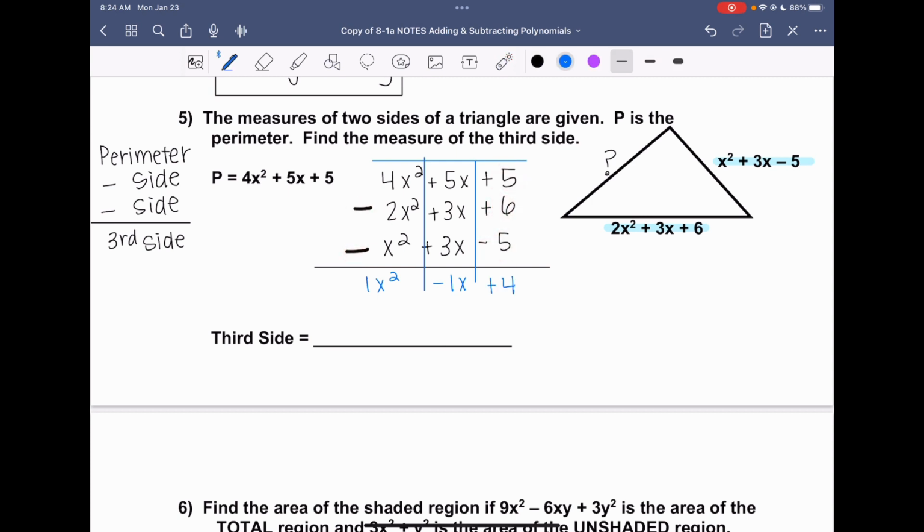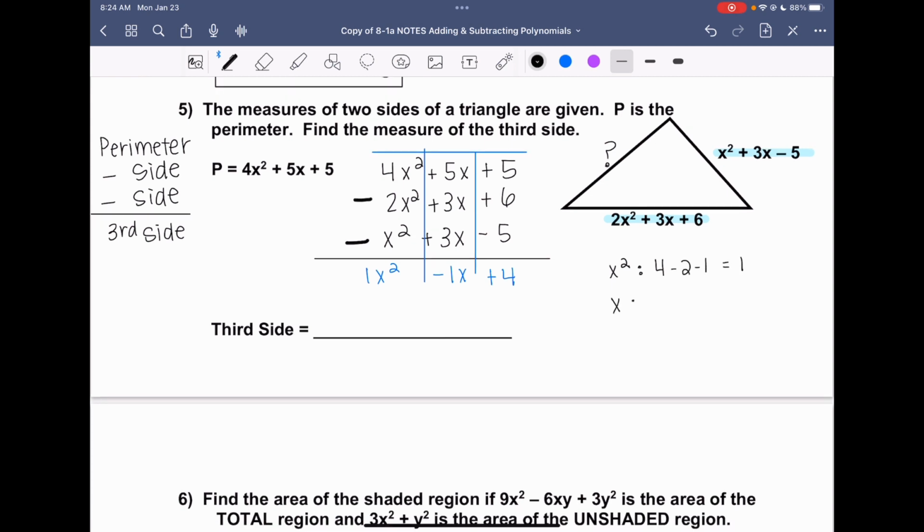And guys, you can throw these all into your calculator. I'm just kind of going through this quickly so you kind of know. But off to the right on your notes, we have this right here, okay? And this is just me thinking. So all my x squareds, well, I have 4 minus 2 minus 1, and that's how I got 1. My x's, 5 minus 3 will get us a negative 1.